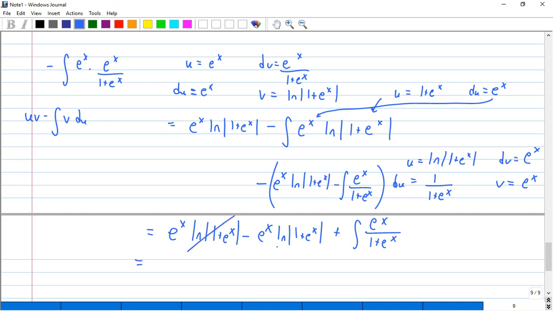If we didn't do anything wrong, then this is just equal to the natural log absolute value of 1 plus e to the x. I've never done that integral.